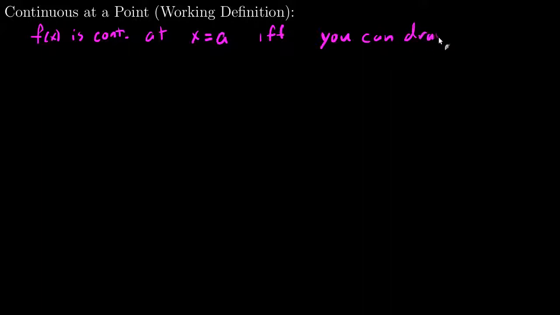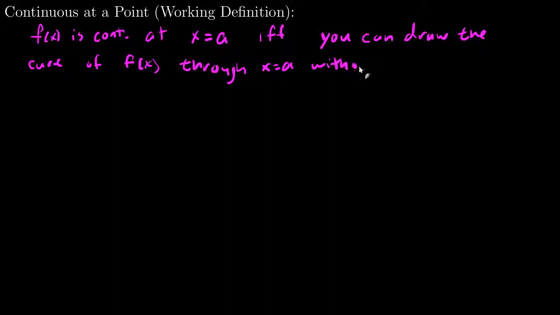So, a working definition, meaning good enough to figure out most of your pre-calculus and some of your calculus problems, for being continuous at a point is as follows. f of x is continuous at x equals a if and only if you can draw the curve of f of x through x equals a without lifting your pencil.